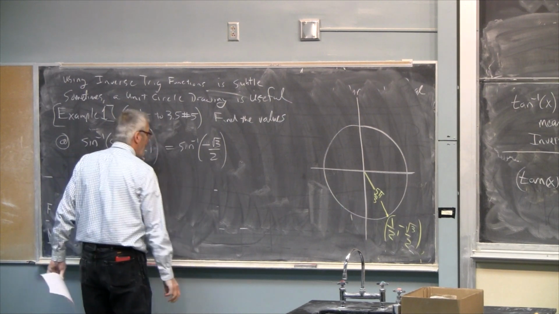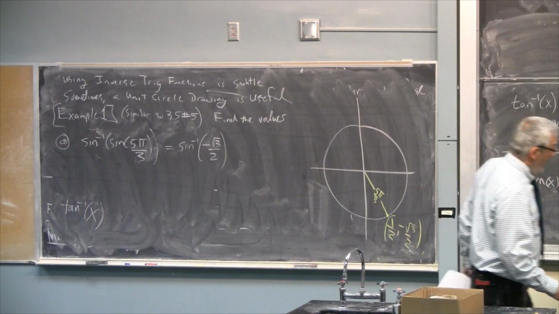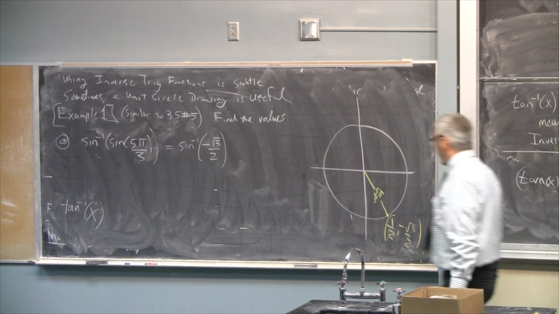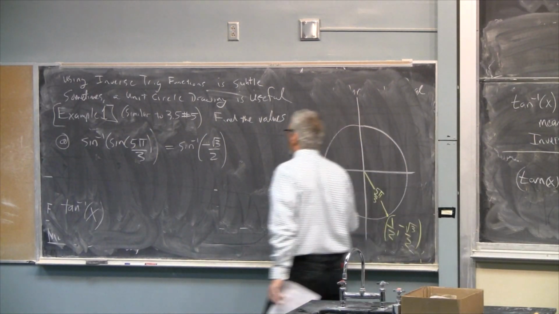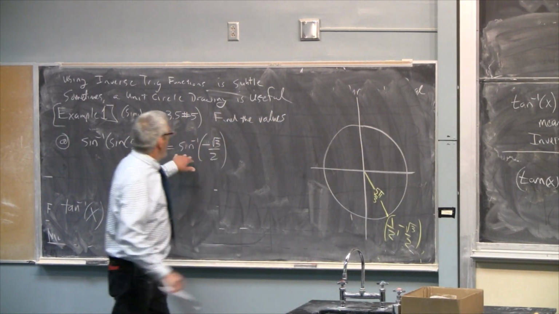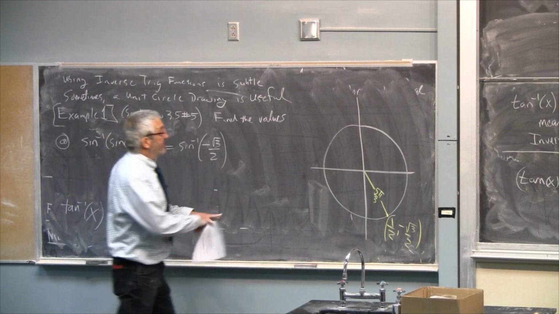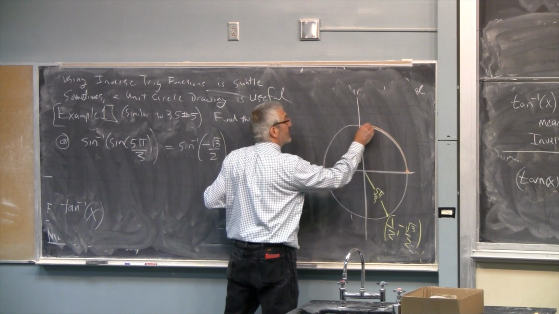Now, the thing is, the sine inverse function has a range. The range of the sine inverse function is from. Well, this means the angle whose sine is negative square root of 3 over 2, but it's got to be an angle that's somewhere on this arc.